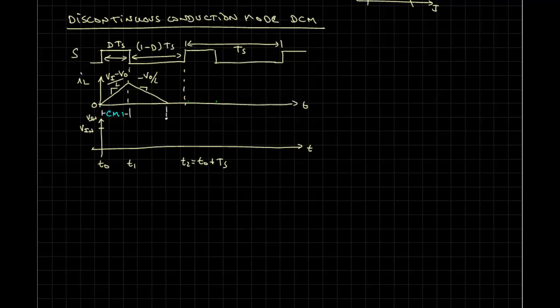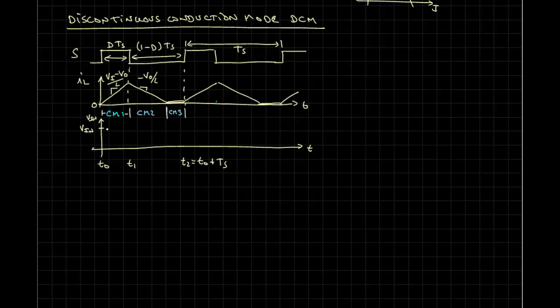So this leads to the third circuit mode. We'll have CM2, and then we'll have CM3 right here. And the current during this time is going to be flat. And then it'll go up again, come down again to 0, start off once again.